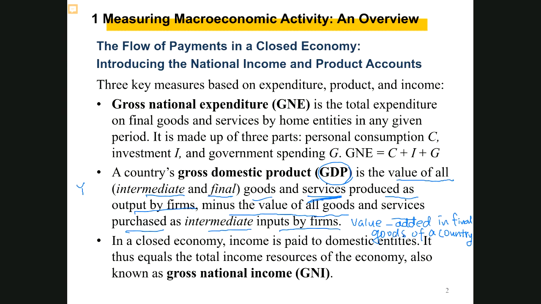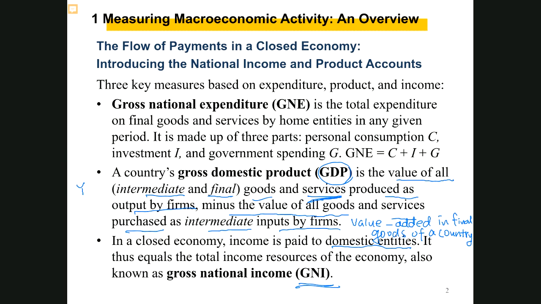Okay, and the last term is called GNI. So what's the gross national income? In a closed economy, income is paid to domestic entities. It thus equals the total income of the economy, also known as the gross national income. So as you could see, the three ideas are supposed to be correlated with each other, right?